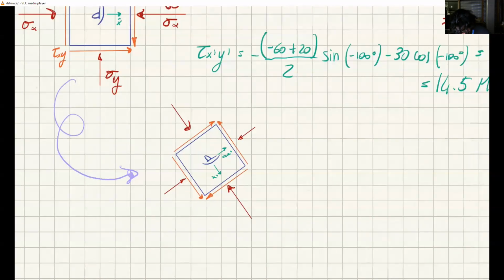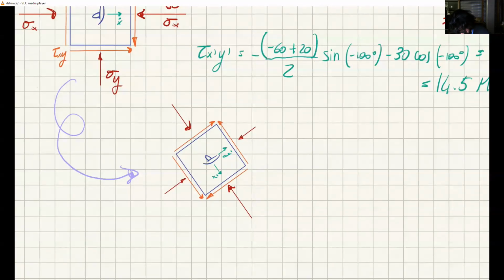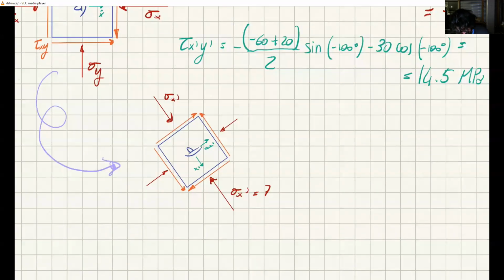Where this one is sigma x prime, which is equal to 7, sorry, minus 7. Well, yes, 7 compressive. This one is 14.5, so this becomes positive now.